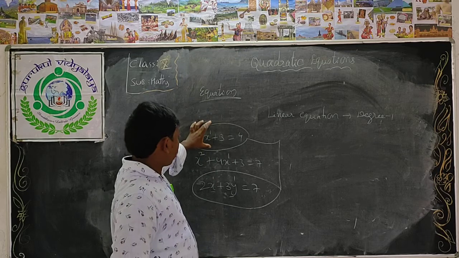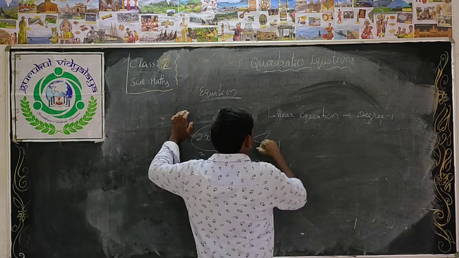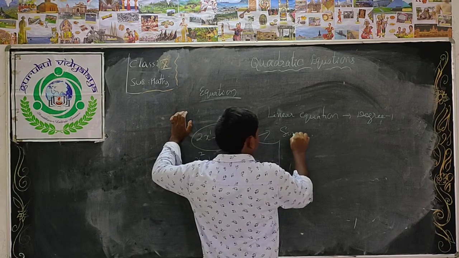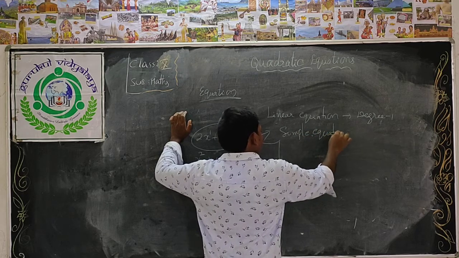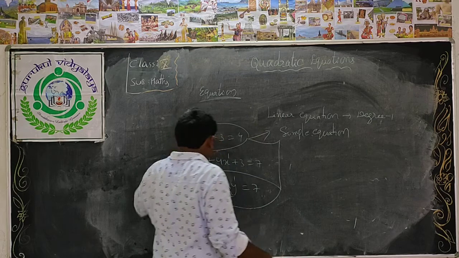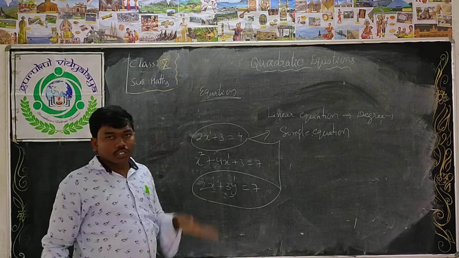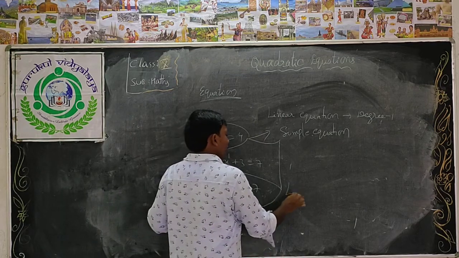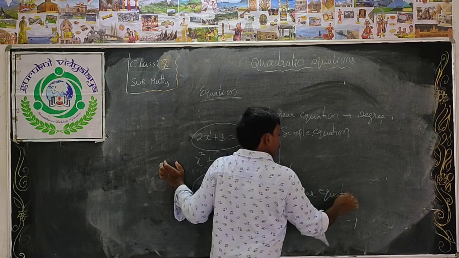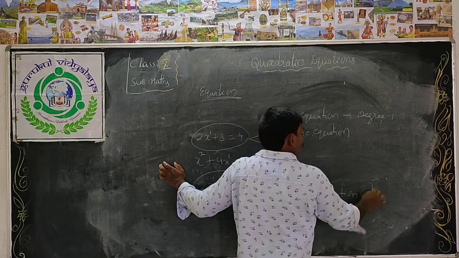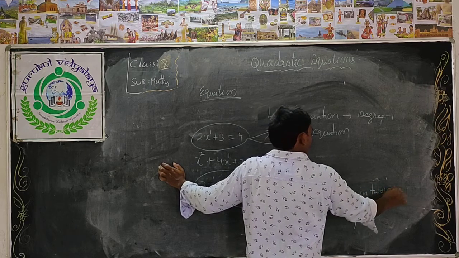This is a linear equation in one variable. It is also called a simple equation. This is two variables, so it is called a linear equation in two variables.